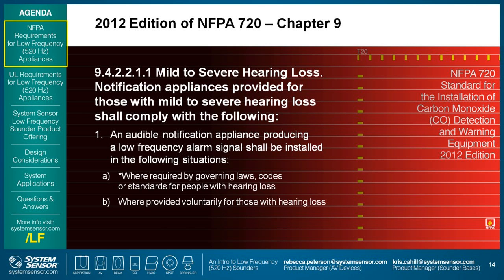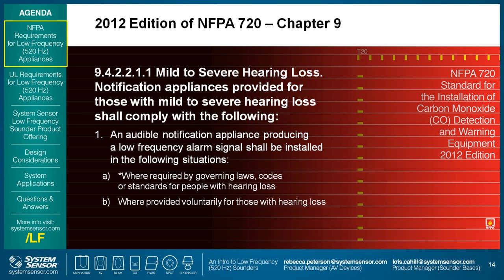Chapter 9 is another chapter that was impacted, and this covers all the occupancies that are required to install a carbon monoxide alarm. So these would be your carbon monoxide alarms that you find in your homes that you would pick up at Menards. This chapter aligned very closely to Chapter 29, where they're only requiring that low-frequency alarm signal if you're required by some sort of a law or a code, or if you choose to provide a means for individuals that have mild to severe hearing loss.